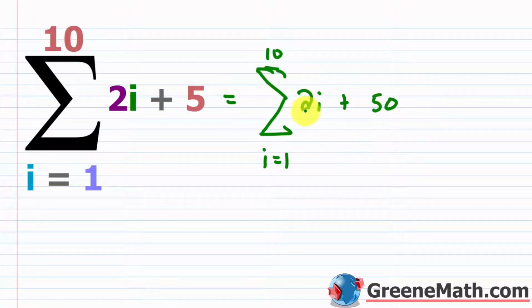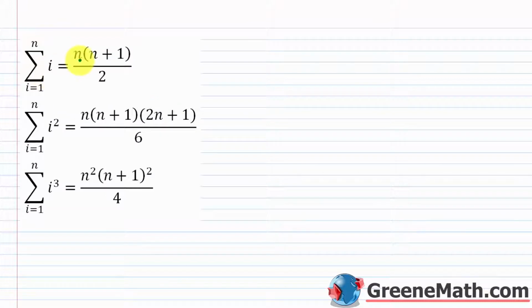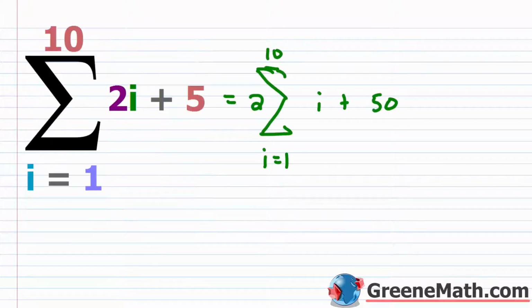So now I just need to figure out what this is. Well, I can pull this 2 outside, so I can move this outside, and I can calculate this. And remember, I just showed you the formula for that. So we have this n times the quantity n plus 1 over 2. So let me do this off to the side. You have n, which is 10, right? So 10 times the quantity 10 plus 1 over 2.